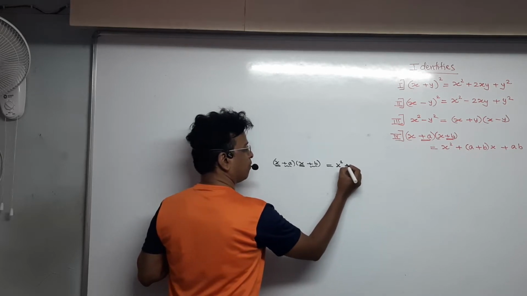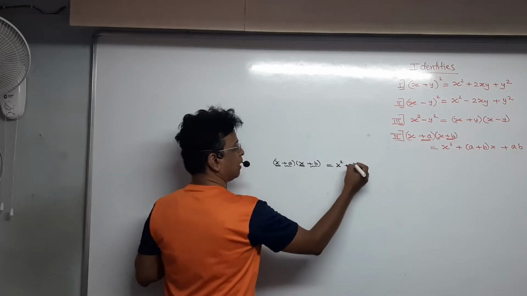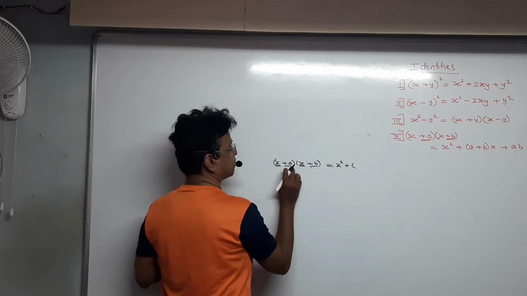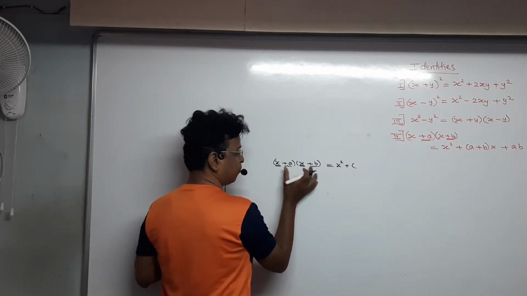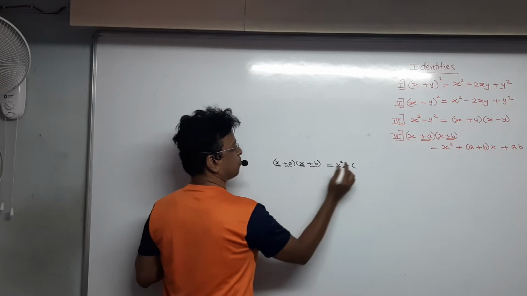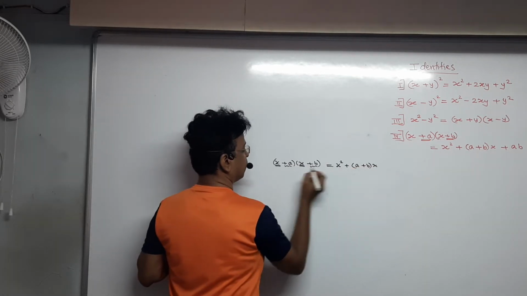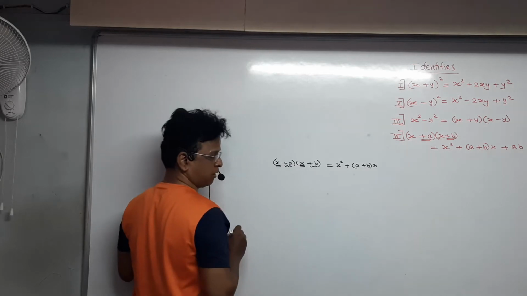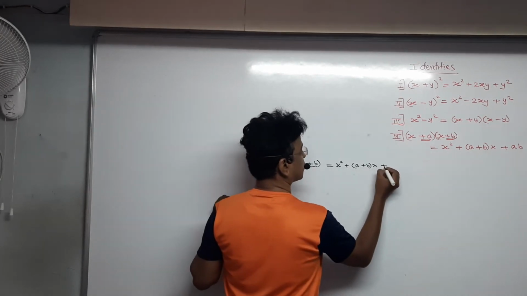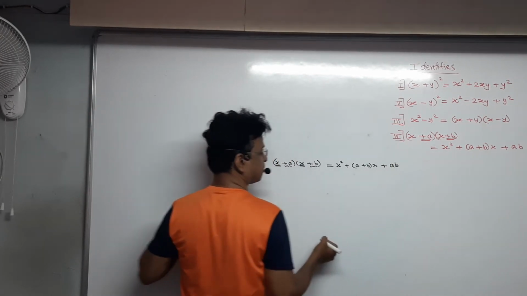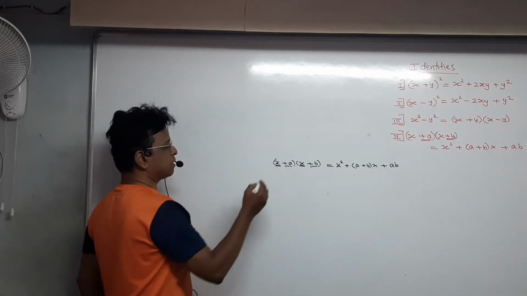This is always plus. In a bracket you write these different variables with their signs, plus a plus b, and multiply by the x, plus ab.